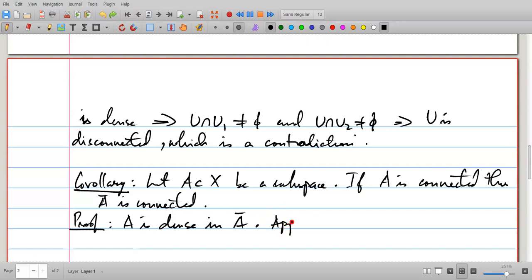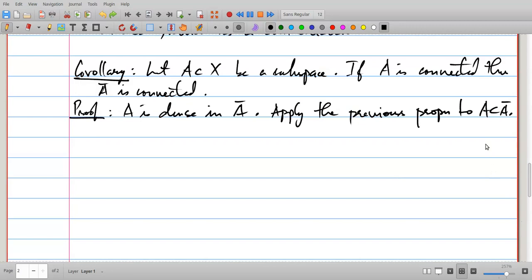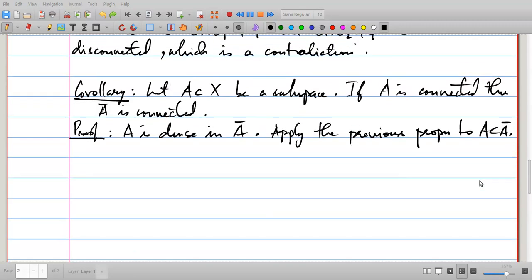So apply the previous proposition to this inclusion. Okay. So next let us show that the interval [0, 1] is connected.